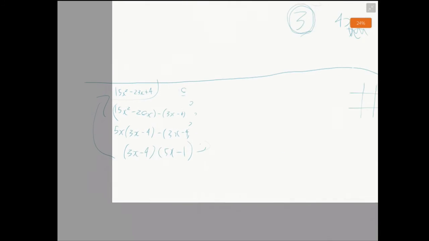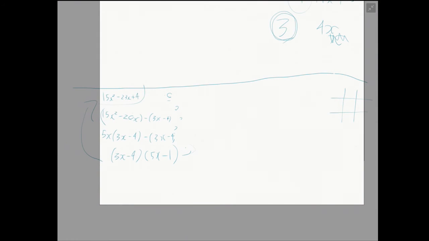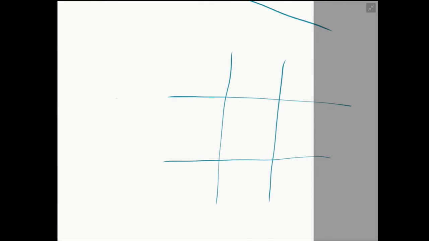Okay. And I guess we have to do the area model, unless you understand it well enough. Sadly, we're going to do it anyway. 15x squared, 4, and we had negative 3x and negative 20x.